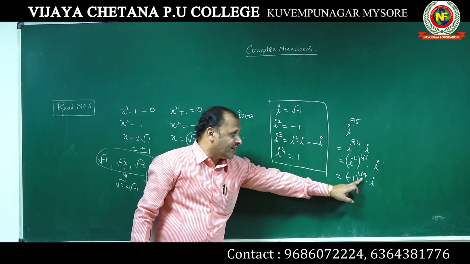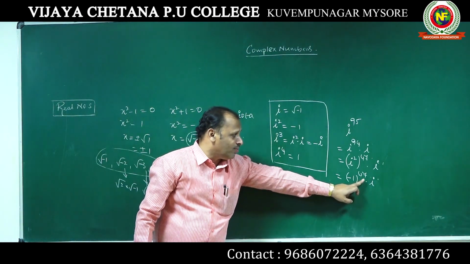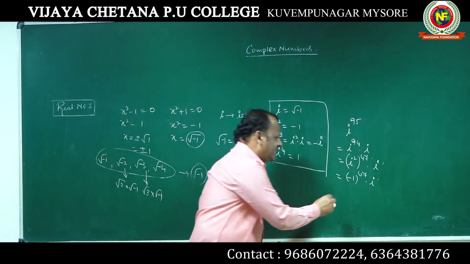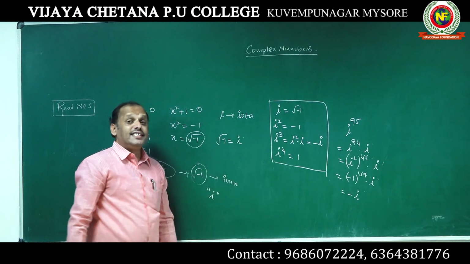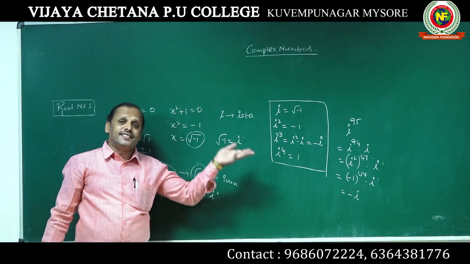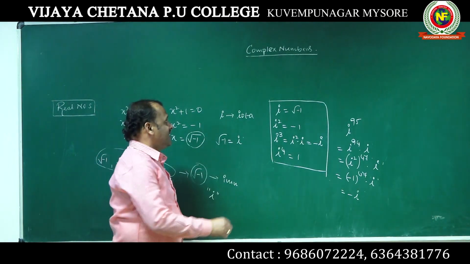In place of 47, if it is 48, 50, 52, like that even number, then it will be plus 1. Here it is minus i. This is the simplification of i to the power of numbers like 95, 105. It is easy to solve.